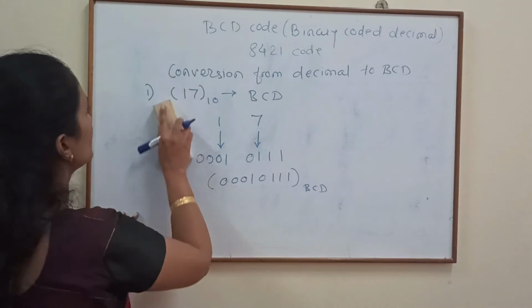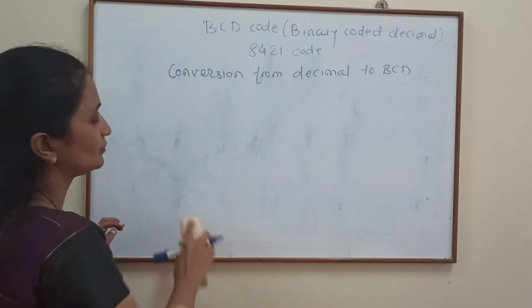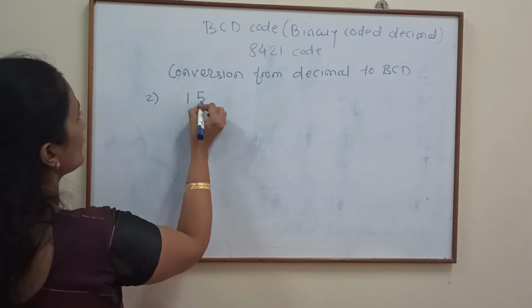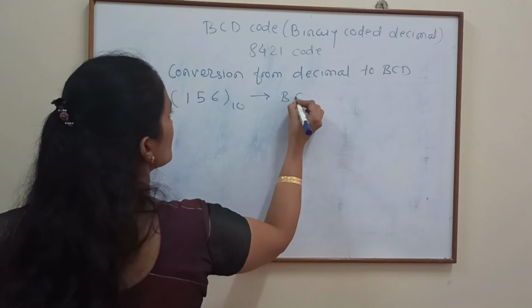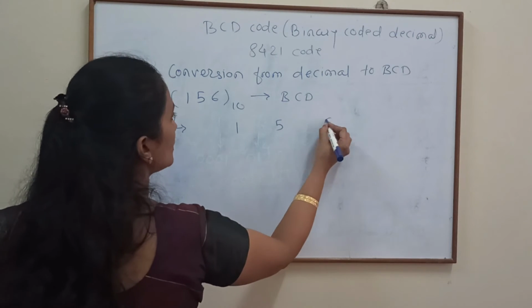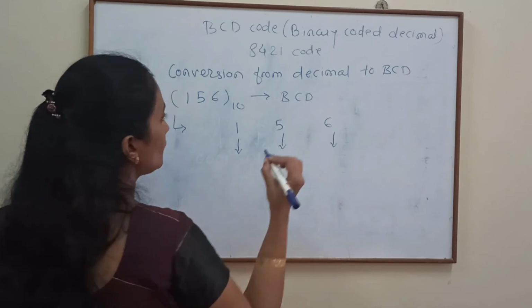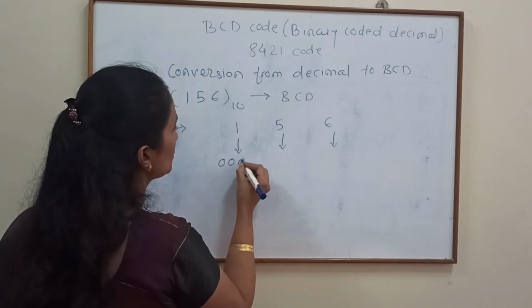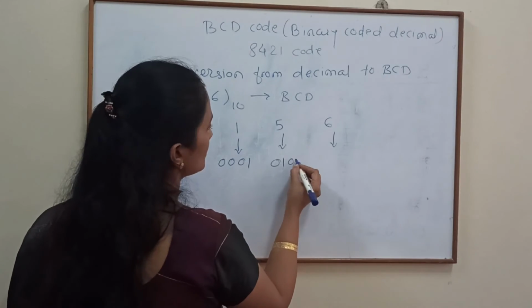One more example we will take. Number 156. I want to convert this into BCD. Take down that number, separate the digits. Write the equivalent BCD code of each and every digit. 1 will be 0001. 5 will be 0101.